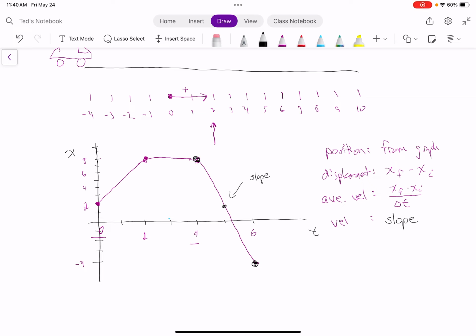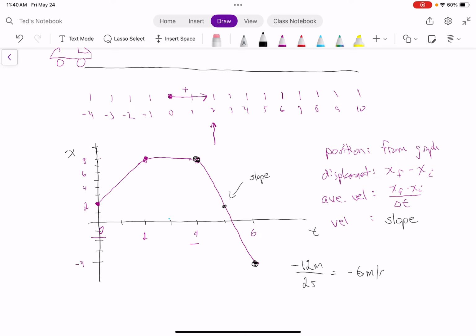So the rise of that line is going to be negative 12 meters, and the run of that line is going to be 2 seconds, so minus 6 meters per second.